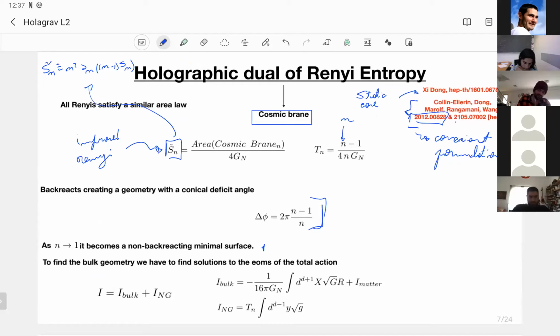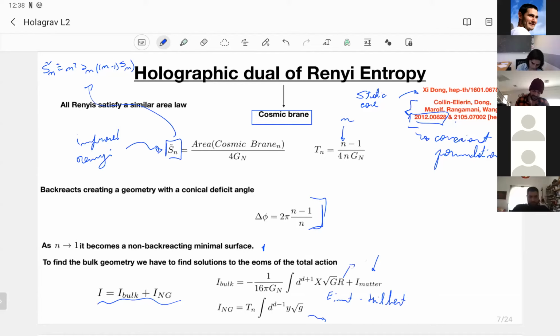And then what you have to do is compute the on-shell action, but now the action is the action of the bulk, which is Einstein-Hilbert, plus, if you have matter, scalar fields, fermion fields, all that, plus the Nambu-Goto action, or the action of the brane, that is this one.